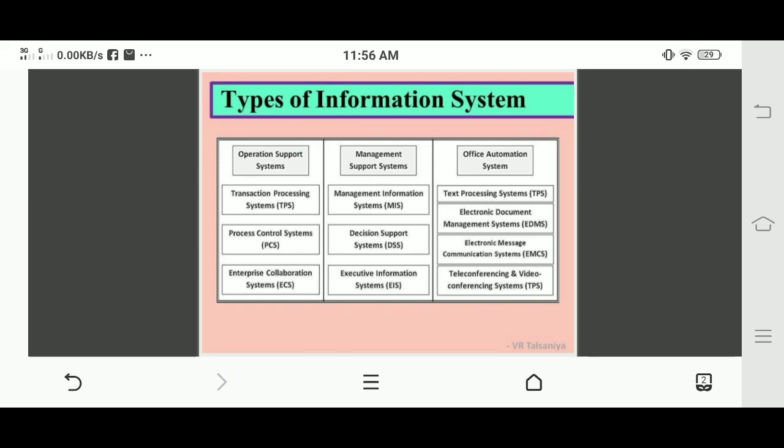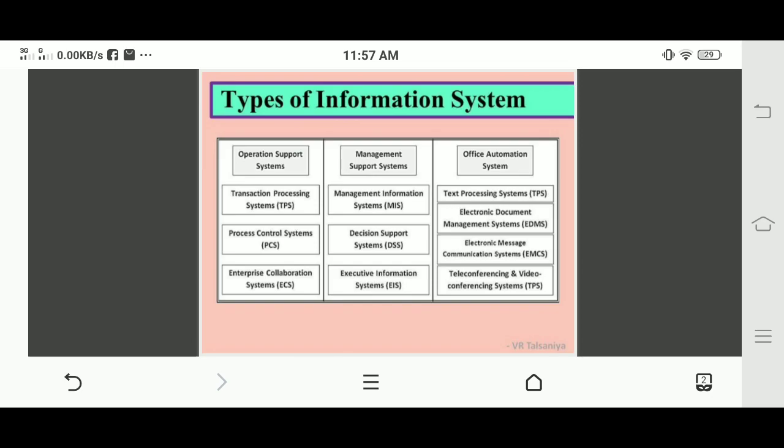Then when we talk about the executive information system, it is a type of management system intended to facilitate and support information and decision making, and it serves senior executives by providing easy access to both internal and external information relevant to the management and strategic goals of the organization.